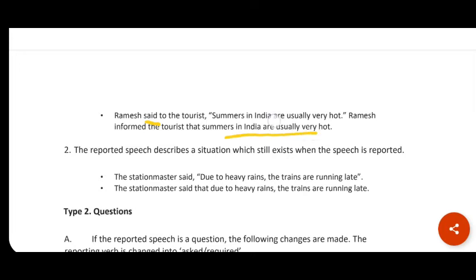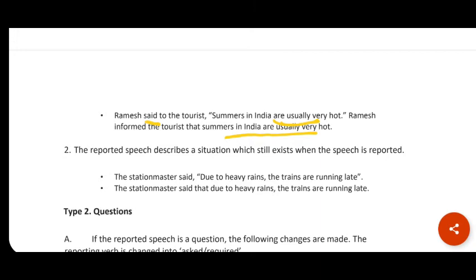So the tense remains same. Here it is present, here also it is present. Now why is it so? Because this is a fact. So when we speak about universal truth, about a fact, the tense in reported speech doesn't change, it remains unchanged.